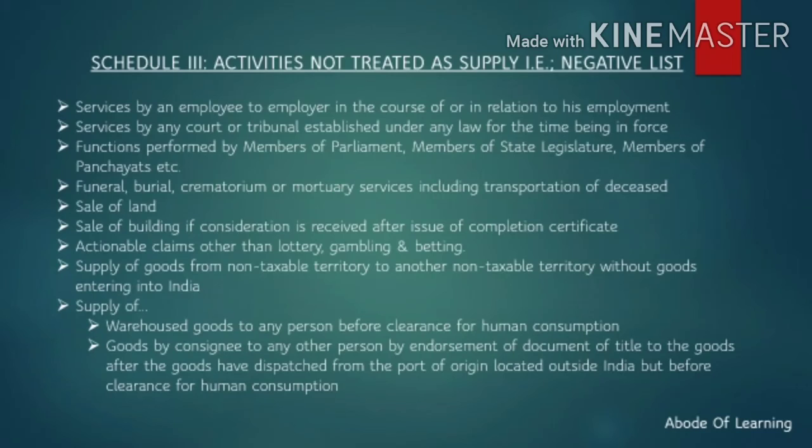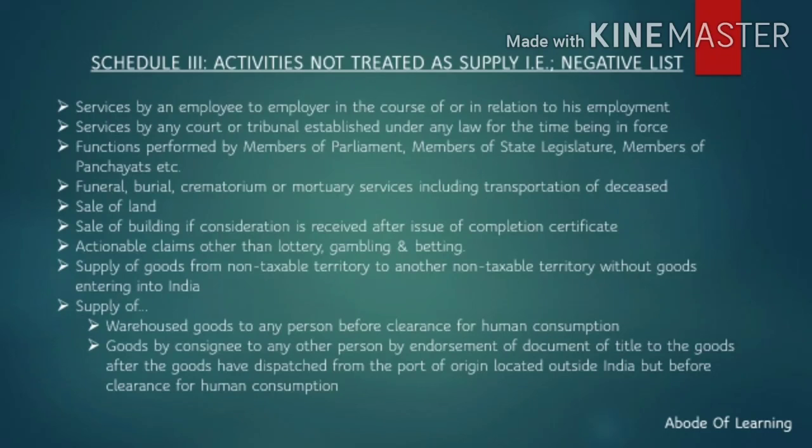Before that, you are exporting or selling it to, let's say, a buyer in Australia. So the goods are not actually entering India. From Singapore it's going to Australia. Those two places are non-taxable territories for GST. It's just a transfer from one non-taxable territory to another. So those won't be considered as a supply under GST.